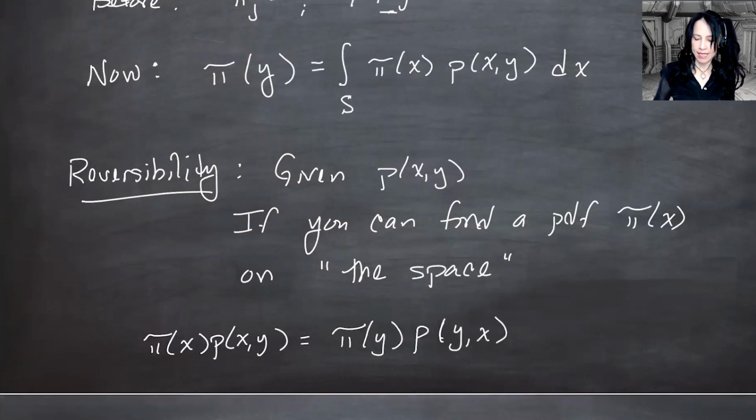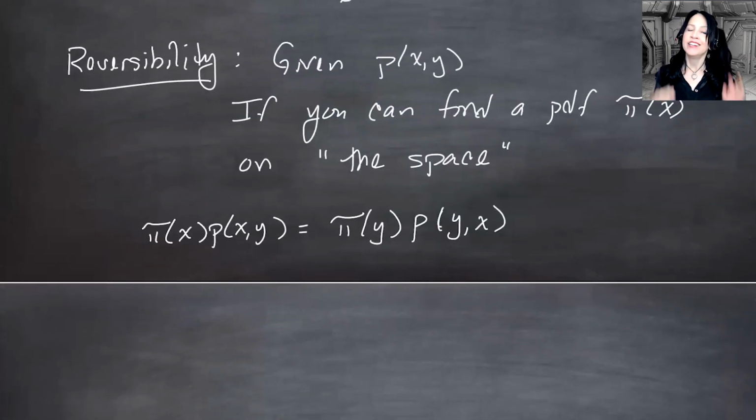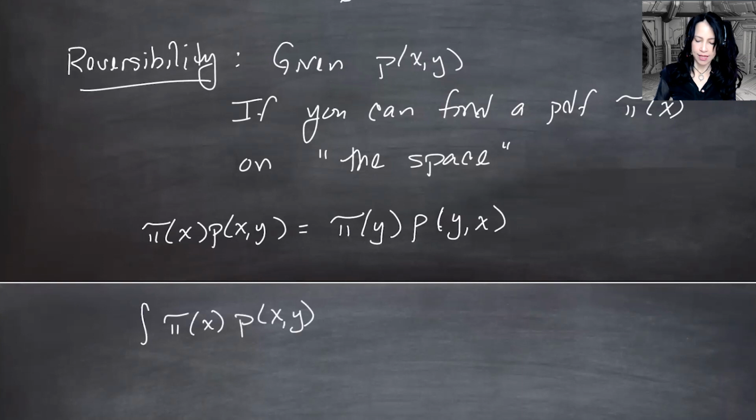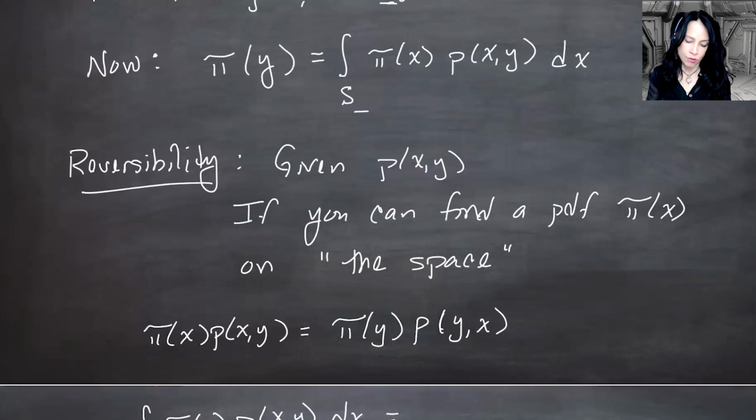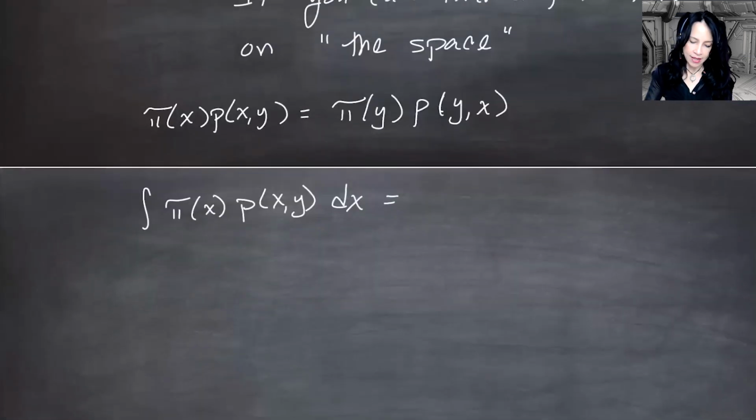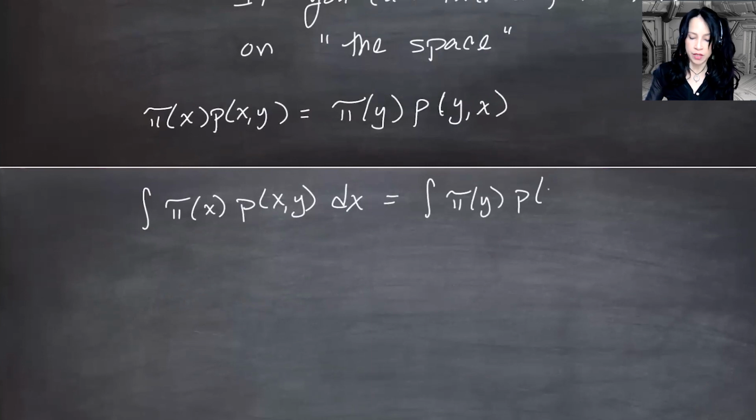And if you can find such a PDF with respect to the given transition density, then you have found a stationary distribution, because if you take this and you integrate both sides with respect to x, what I have right now, what I've written, is actually the right-hand side of my stationary equation. And when you put this on the other side, integrating with respect to x, you can pull the pi y out.